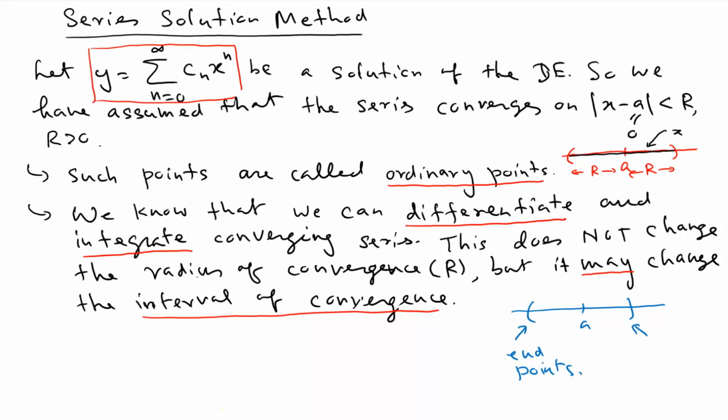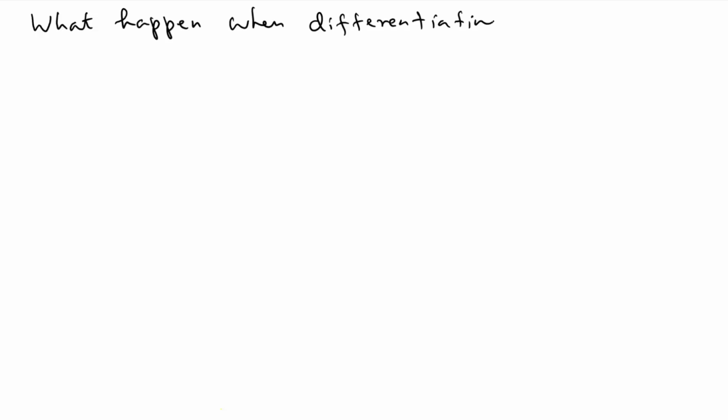So let's ask this question: what happens when differentiating a power series y equals the sum of cₙxⁿ? We ignore the index for now.